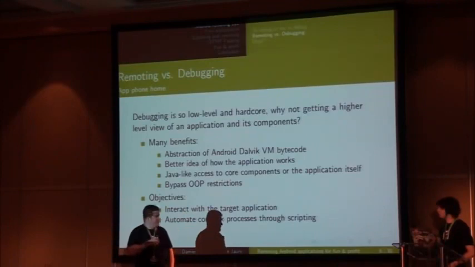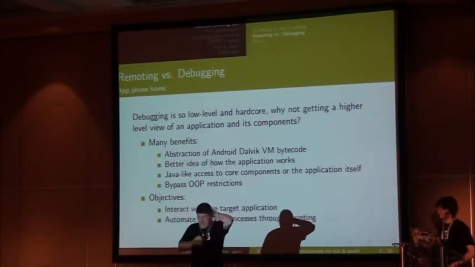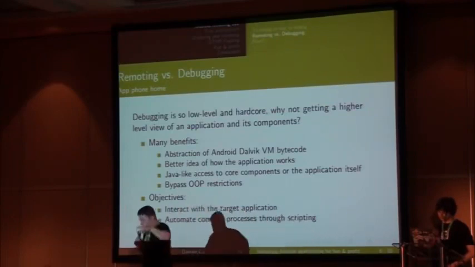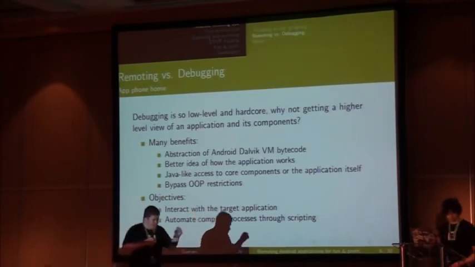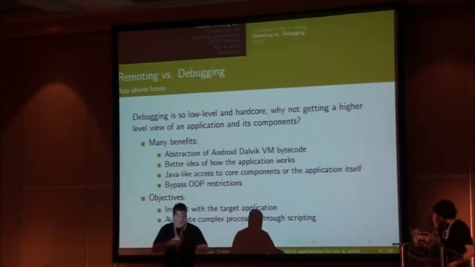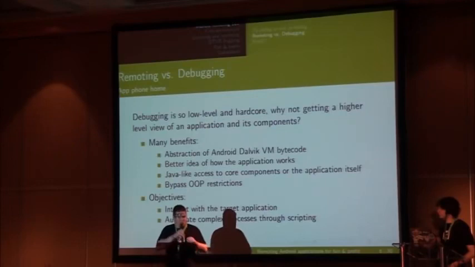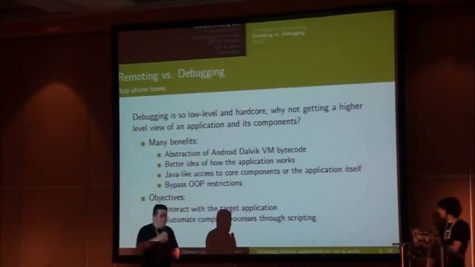Debugging has many drawbacks, and we can go over these drawbacks by using remoting. Remoting is a bit higher level view of the application, whereas debugging just gives access to bytecode. Remoting gives access to the whole application and its core components.